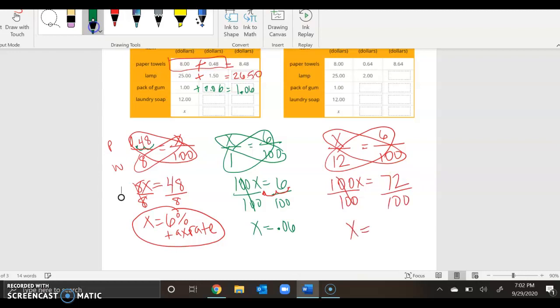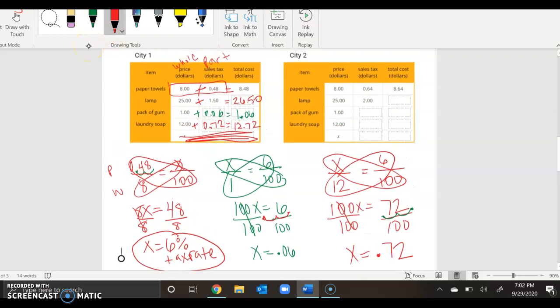And since I am dividing by 100, I'm going to move my decimal 2 places to the left. So it's going to be 72 cents. So $12 plus, we now know our tax is 72 cents, is going to be $12.72. And we're not going to worry about this bottom row.